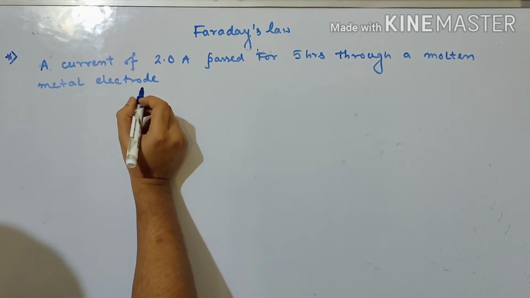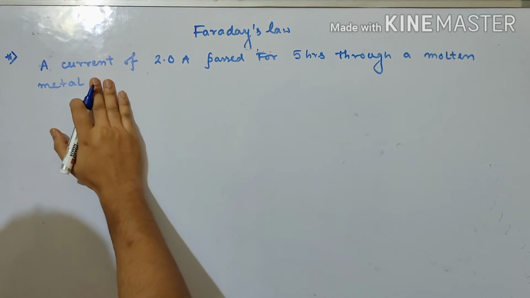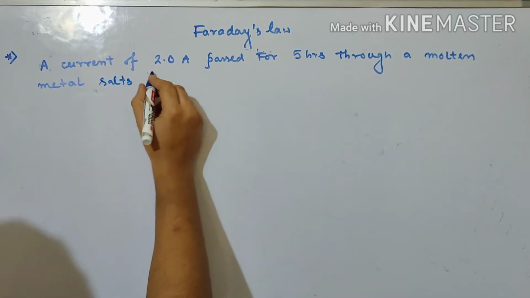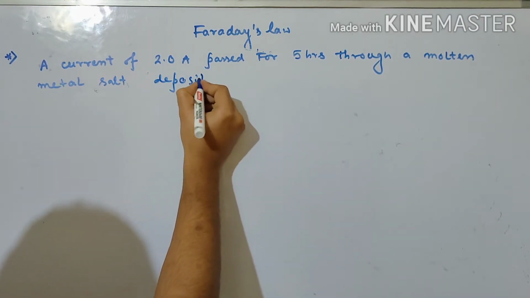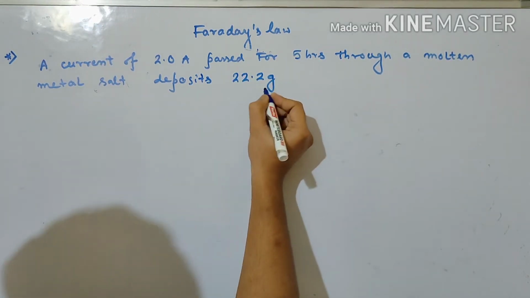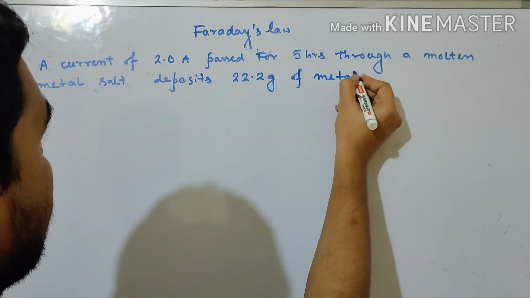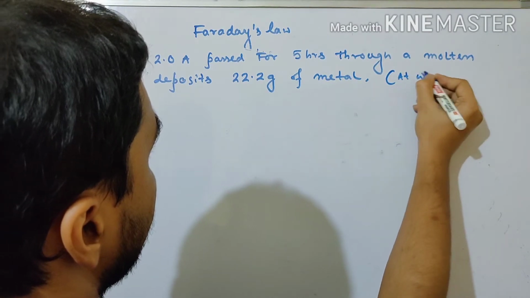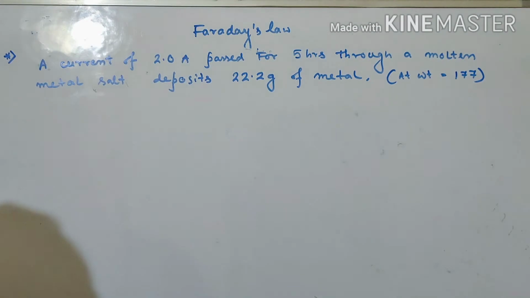Through molten metal salts, it deposits 22.2 gram of metal. Atomic weight is 177.